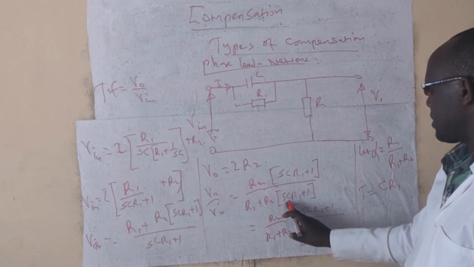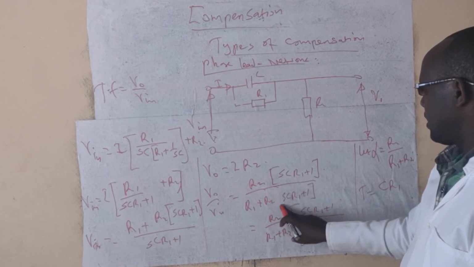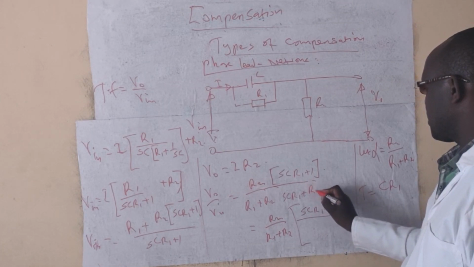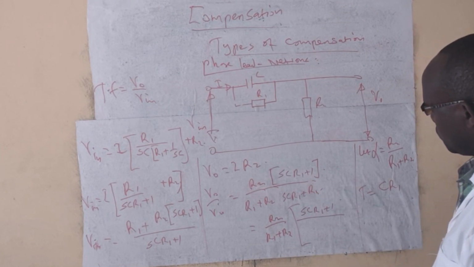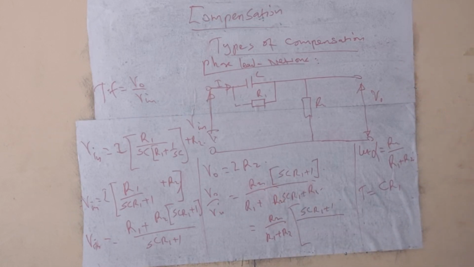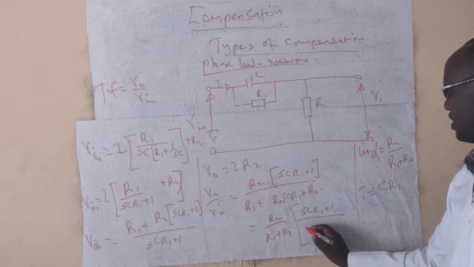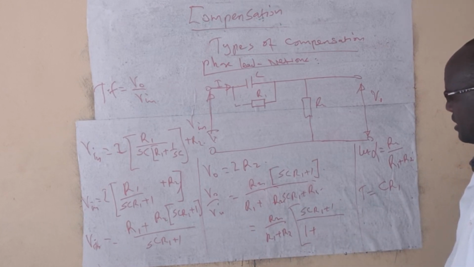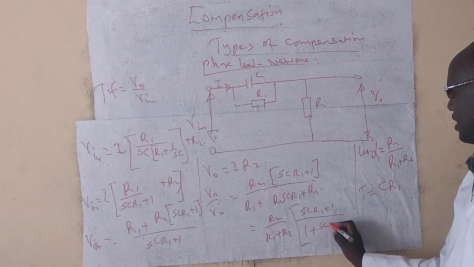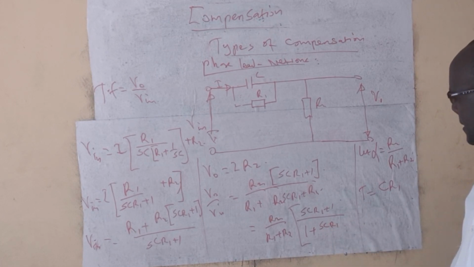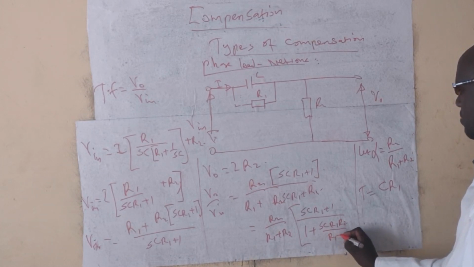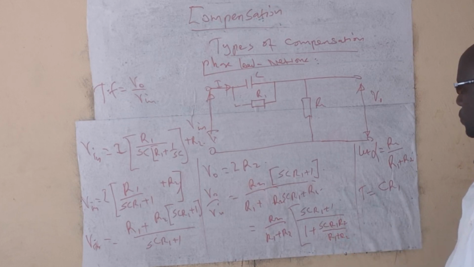By opening this bracket, we are going to get R2 here. So this and that give us 1 plus SCR1, R2 all over R1 plus R2.